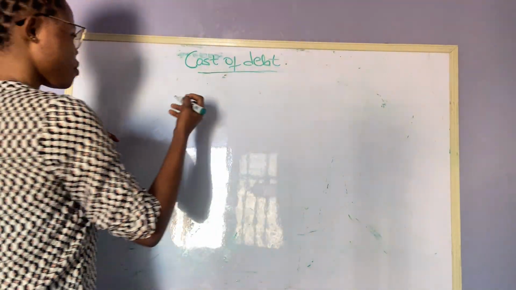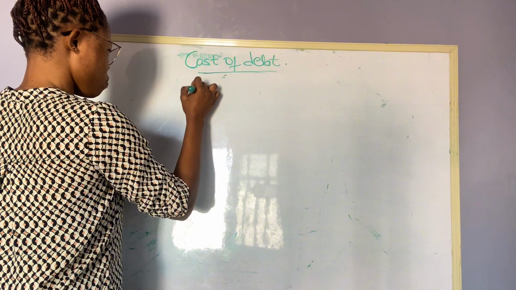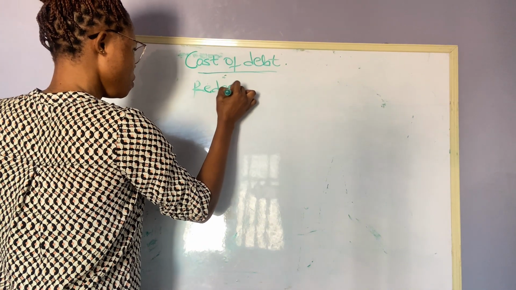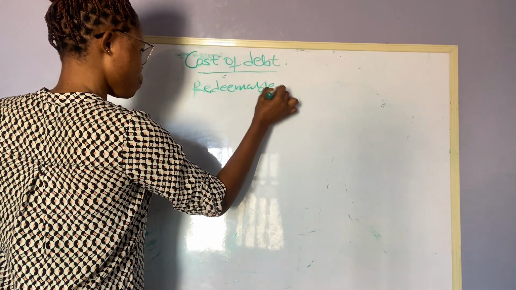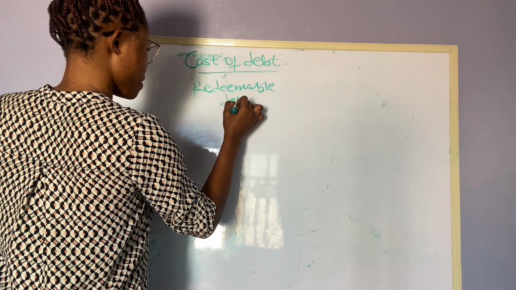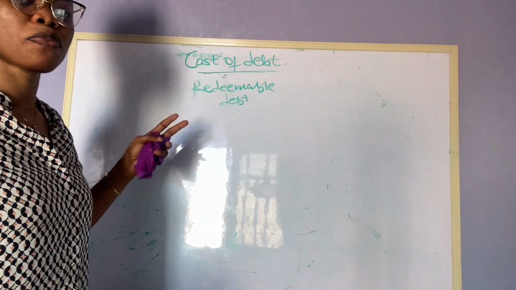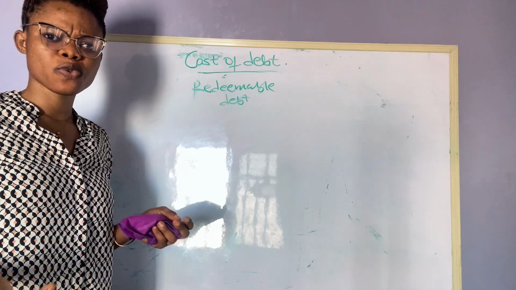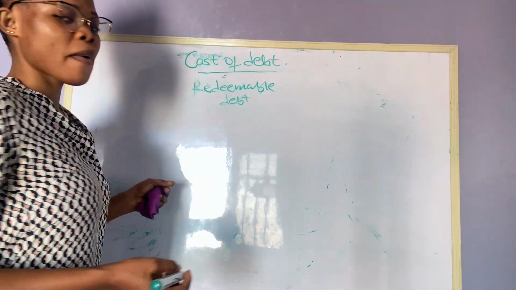Now, for us to compute our redeemable debt, of course, we need to draft our internal rate of return table.